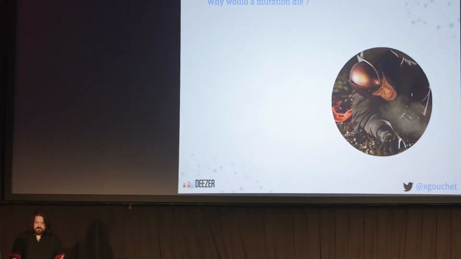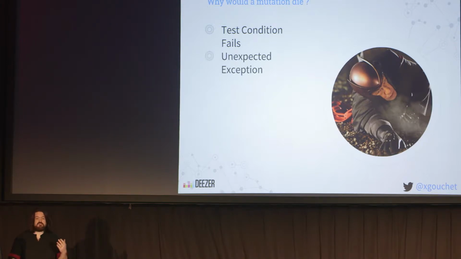So why would a mutation die? Well, a mutation can die because basically the change introduced changes the test condition. So basically you change the return statement, and so obviously you don't meet your assertions. You can have some unexpected exceptions. So the change will lead to a null pointer exception, or it's going to lead to a number format exception, stuff like that.